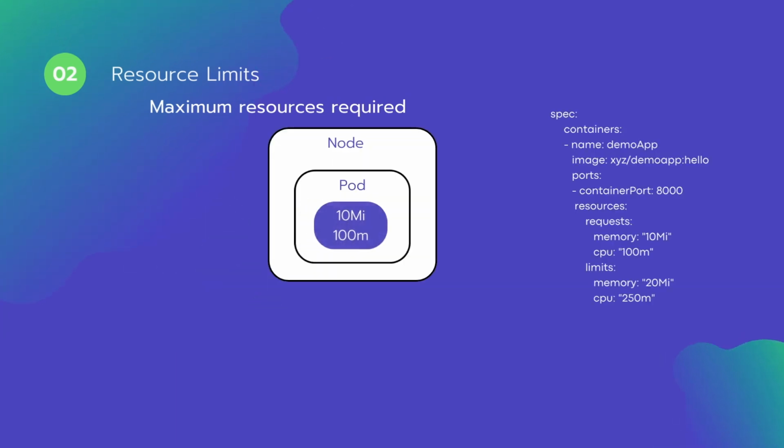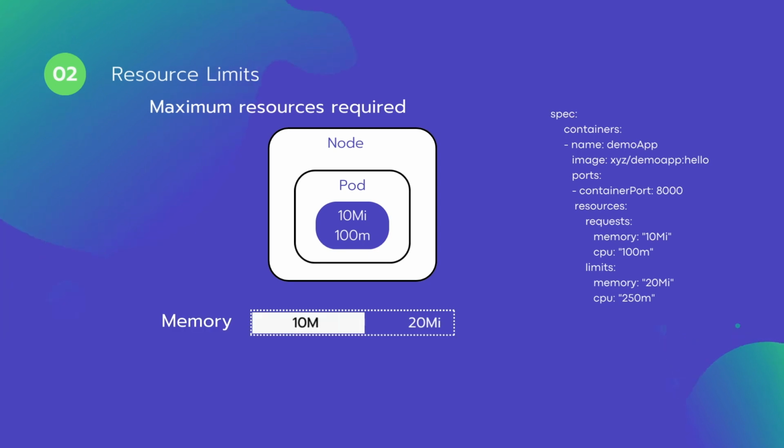In Kubernetes, a resource limit defines the maximum amount of CPU or memory that a pod is permitted to utilize. When a pod attempts to exceed its allocated CPU limit, Kubernetes enforces throttling to control resource usage and preserve system performance. However, the consequences differ when a pod surpasses its memory limit. Kubernetes takes a more stringent approach by terminating pods that exceed their memory limits.